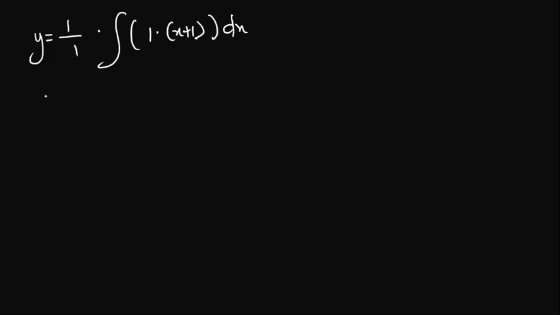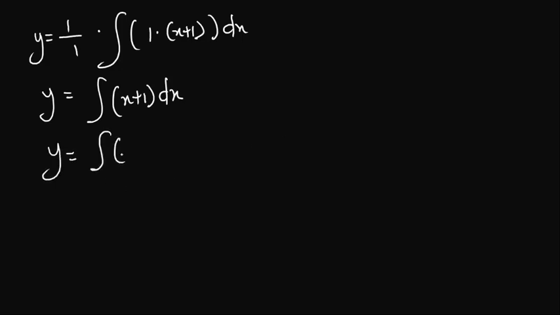So to simplify this, 1 multiplied by this is still the same thing. So we have the integral of x plus 1 dx for this particular example. So y is equal to the integral of x plus 1 dx. Now, to solve this particular integral, we need to use the method of substitution.